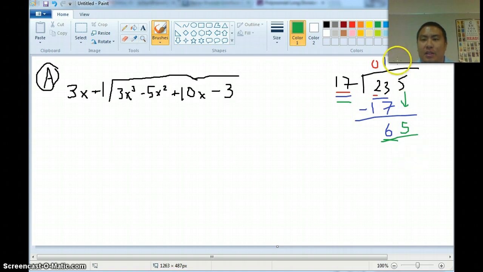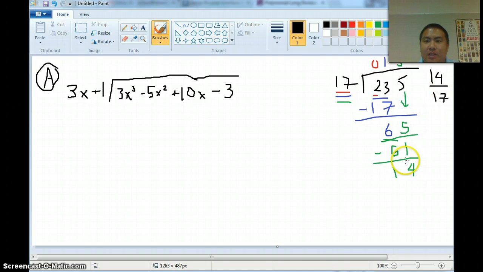So 3 times. So you subtract off 51. I noticed that you're always subtracting off, right? 51, that leaves me with 14. Okay. So I'm left with 13, and my remainder is 14 over 17.